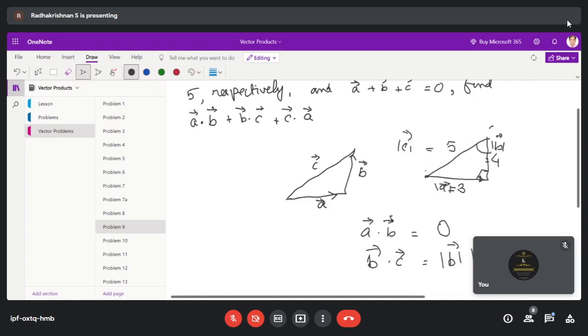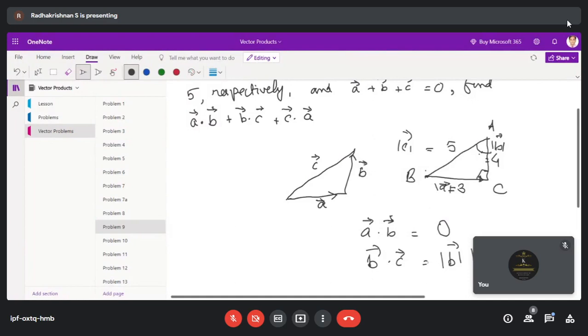This is your A. Is it a right angle triangle? What is cos A? The sides are given. Adjacent side by hypotenuse. Going back to just basics.